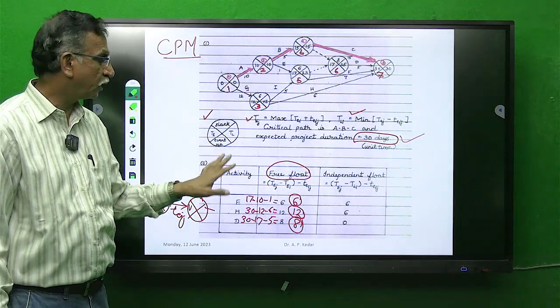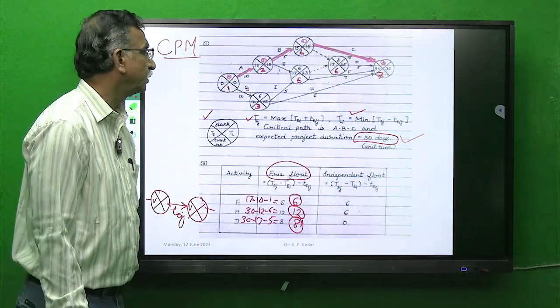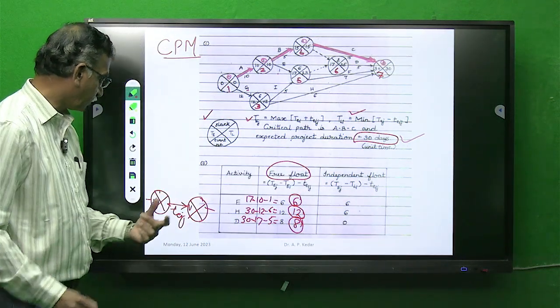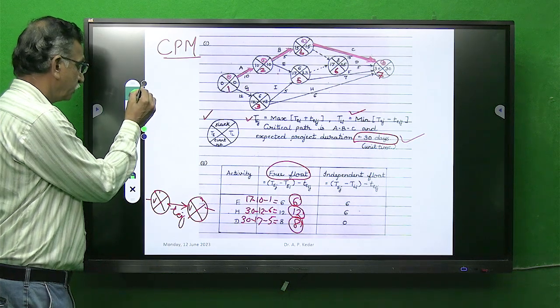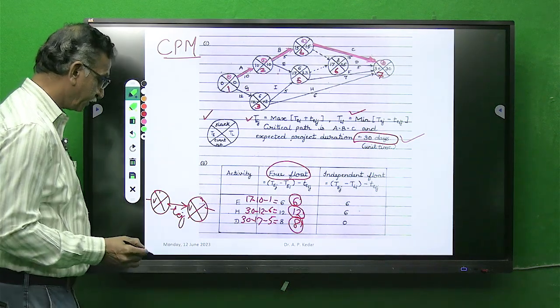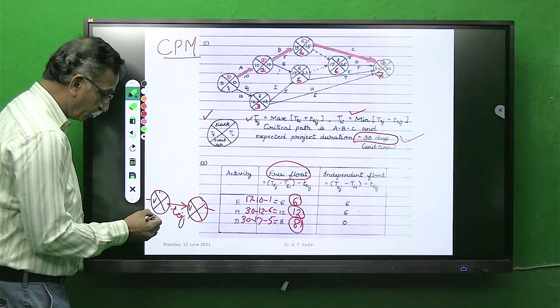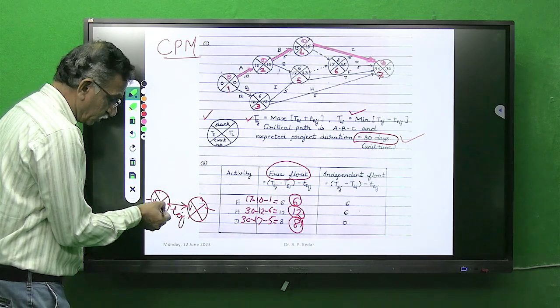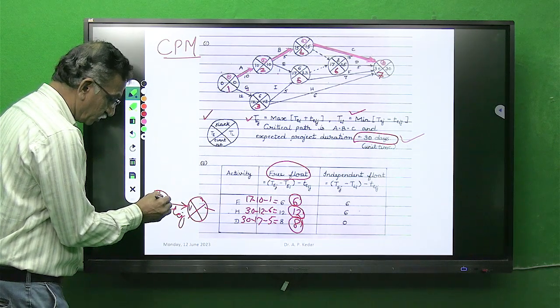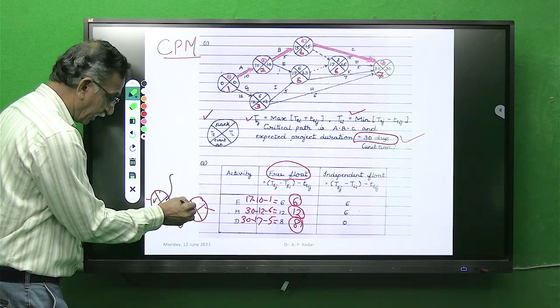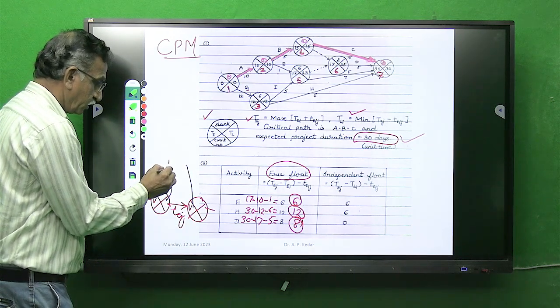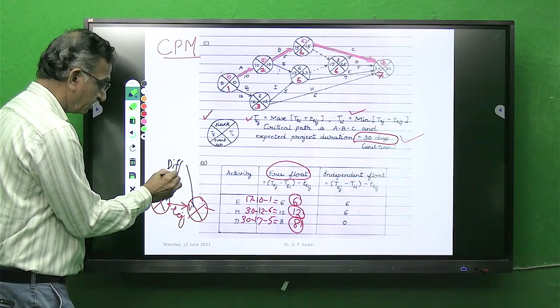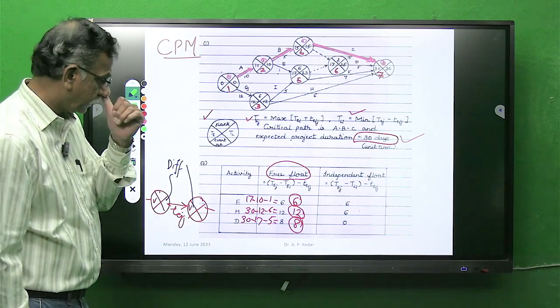Got it? Now see independent float. If you recall, the shortcut which I have provided is that independent float is the difference between these two closest corners, the difference of these corner values minus Tij.